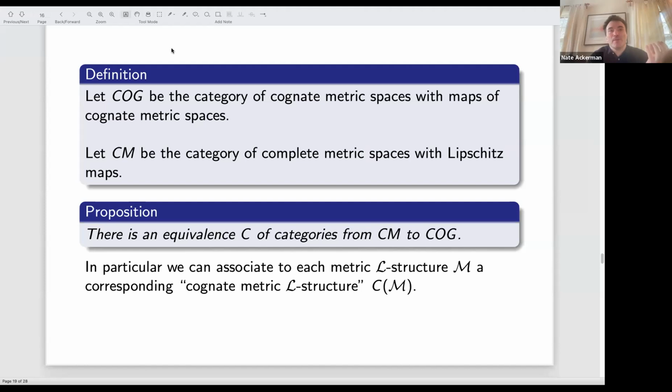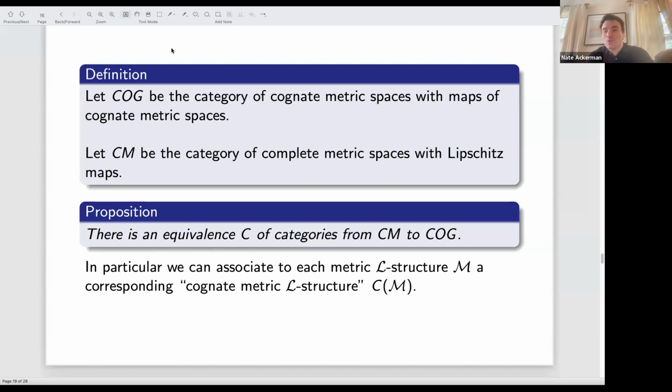along with maps from our metric space into the rationals. So now that we have a notion of map, which exactly captures Lipschitz maps, we can define a cognate metric L structure as just a cognate metric space along with corresponding cognate metric maps for every relation and for every function.